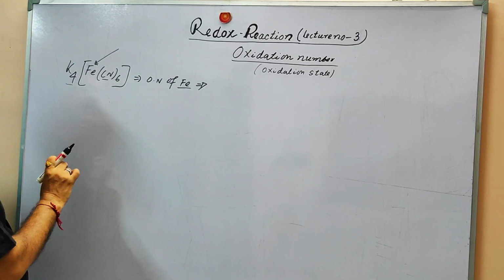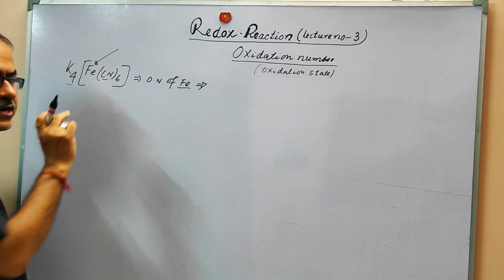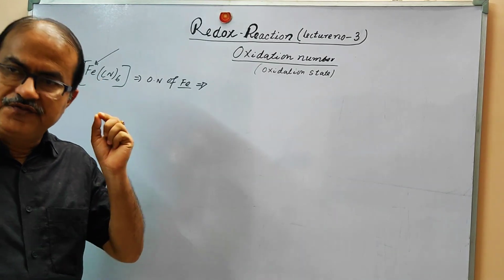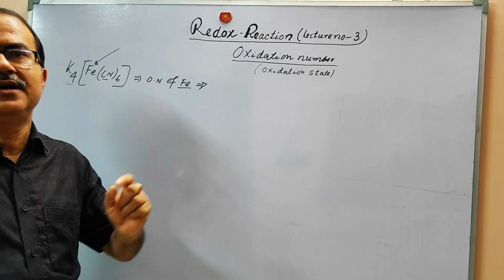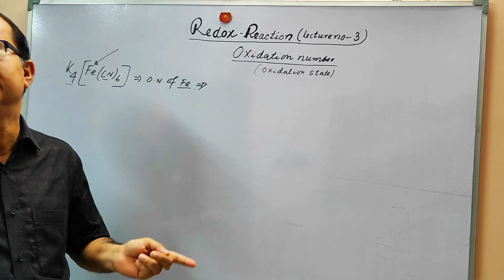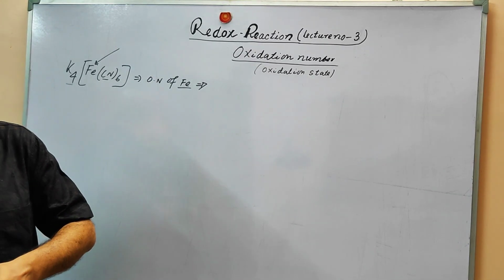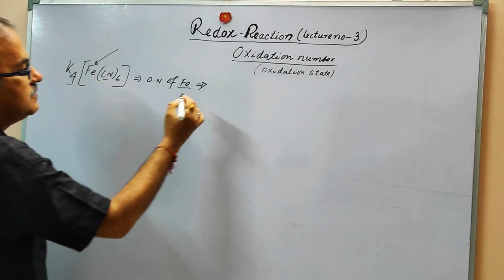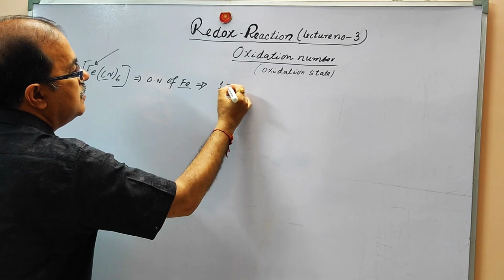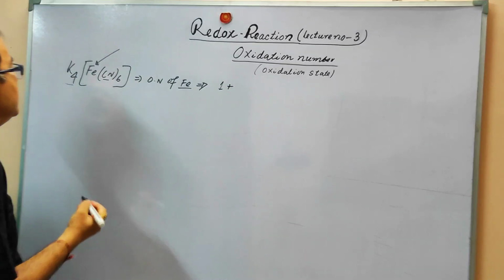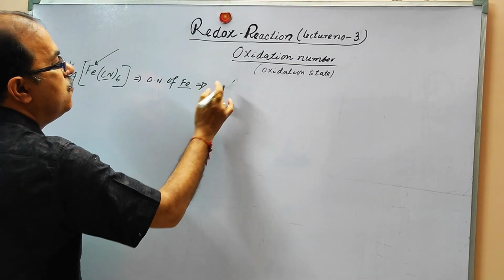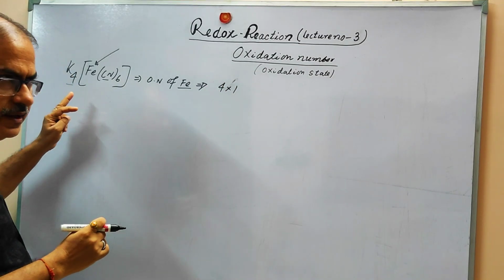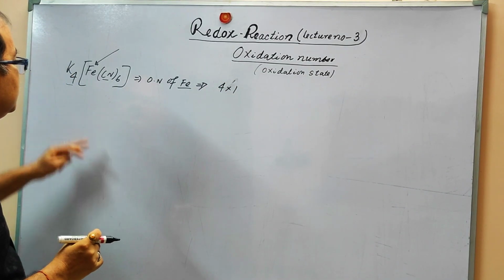Here we already discussed that alkali metals have +1 and alkaline earth metals have +2. So in this case, potassium has the +1 oxidation number, and it is 4 into 1, we have to multiply with the number of atoms.